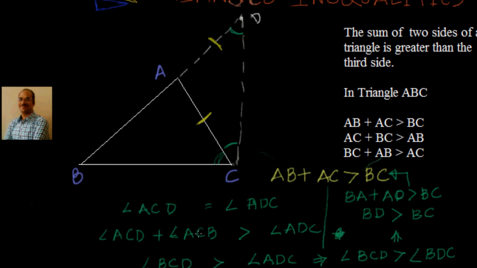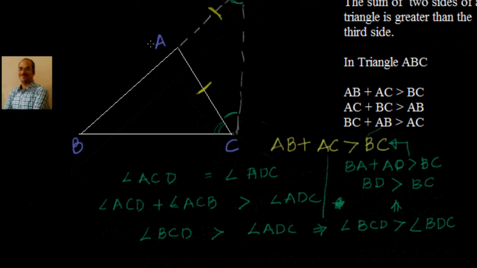Let me explain that again. We have taken A, extended it such that AC equal to AD. It's an isosceles triangle now, so ACD equal to ADC. Now I have to prove that BA plus AC is greater than BC. That means BA plus AC is BD, so I should have this total angle opposite. So what I did, I added that angle.